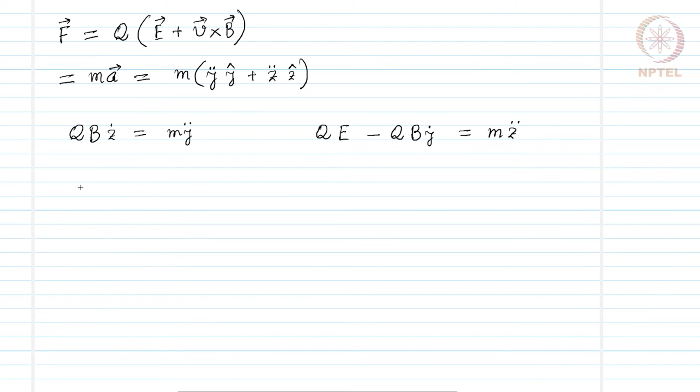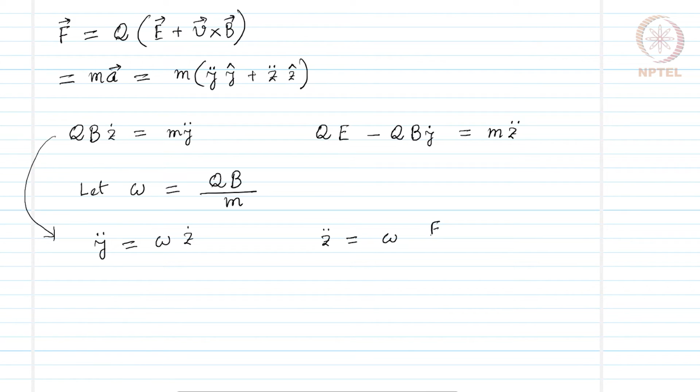Now, let us consider a frequency omega for this motion, that equals QB over M. Let's just denote it as omega, then these two equations we can write as y double dot equals omega times z dot and z double dot equals omega times (E over B minus y dot).